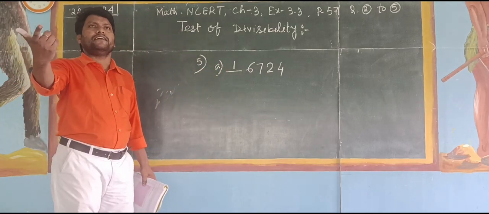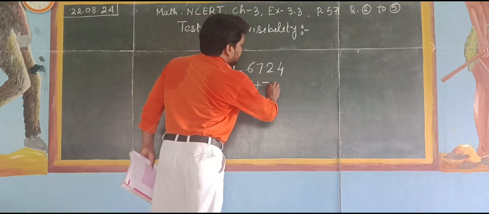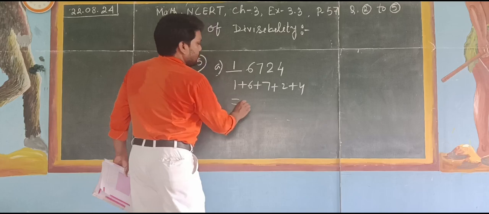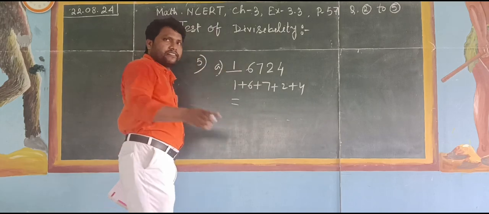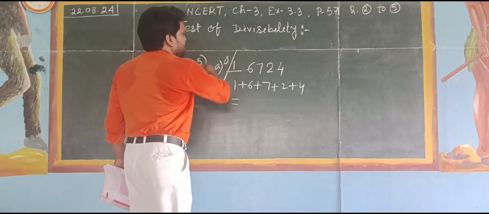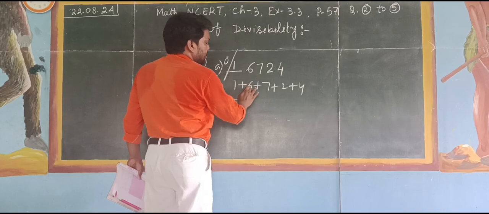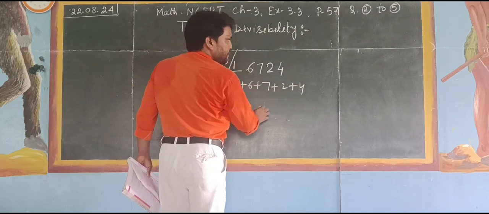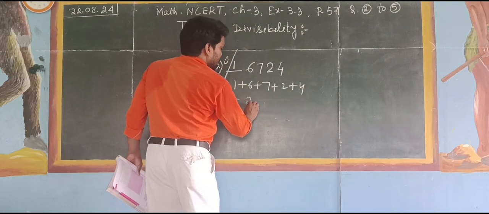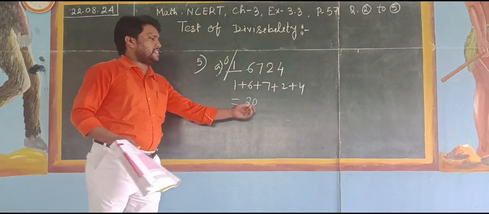Test of divisibility by 3, use the property: 1 plus 6 plus 7 plus 2 plus 4. I have taken 1 as the smallest digit; you may take 0. 1 plus 6 is 7, 7 plus 7 is 14, 14 plus 6 is 20. Can it be divisible by 3?